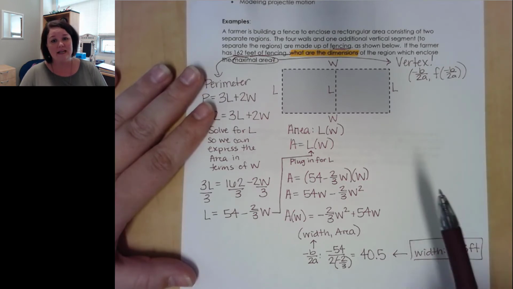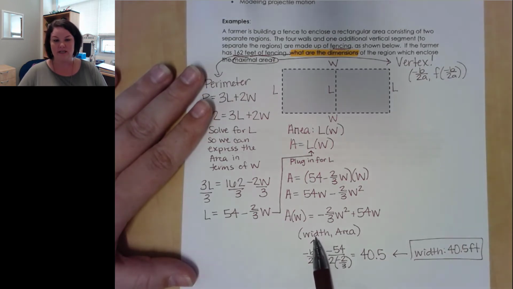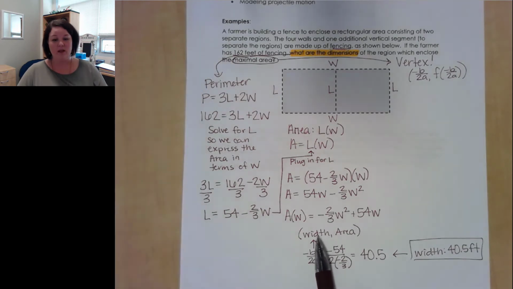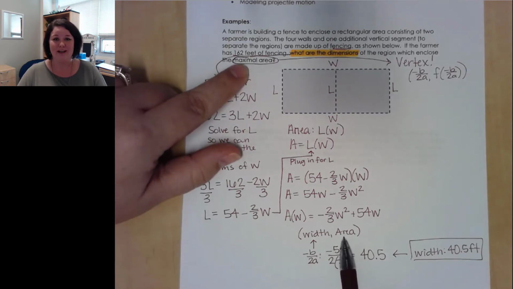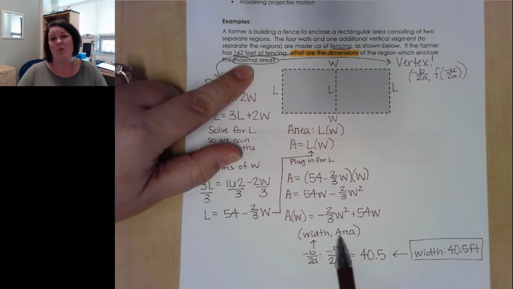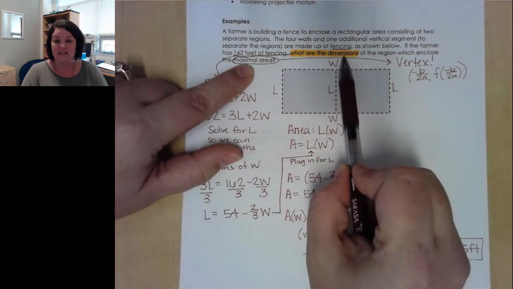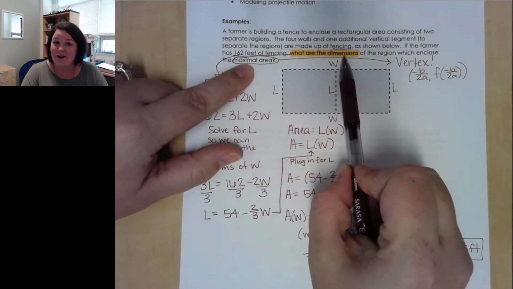But we don't want to do that here, because our function represents plugging in a width and getting out an area. We're trying to create the maximal area, but we're not actually interested in what that maximal area is. We're interested in the dimensions that create that maximal area.